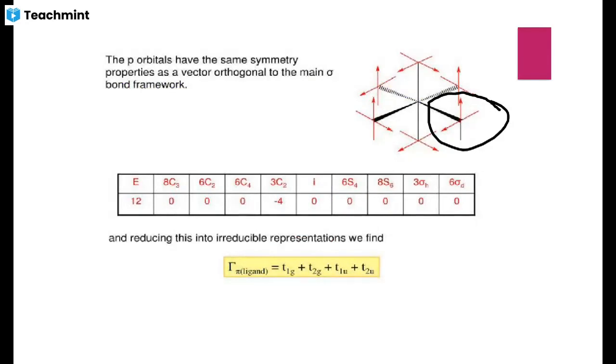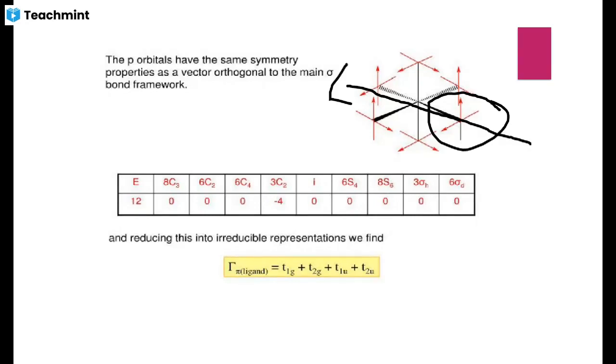If the direction of the arrow is not changed, it is plus. For E, all 12 arrows are unchanged and the direction is also not changed, so it is 12. For C3, all are changed. 6C2 also changed, 6C4 also changed. And the 3C2s go along the bond.